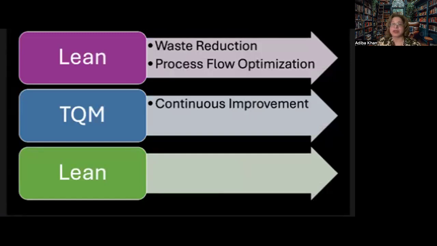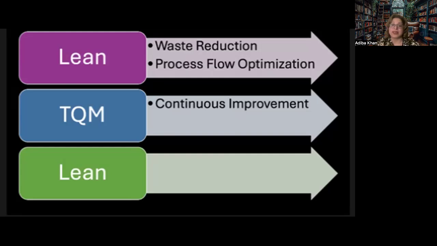And then total quality management takes a holistic approach, saying that we have to improve quality both in how we handle our employees as well as how we approach our customers outside of the organization. So it's not just about having perfect processes, but also making sure that there's a culture of quality through continuous improvement and a strong focus on things.